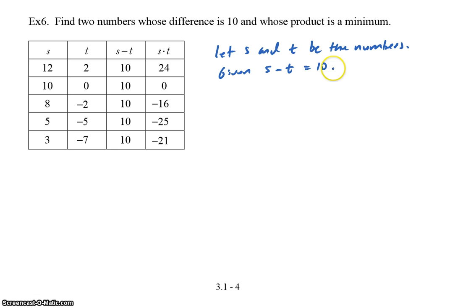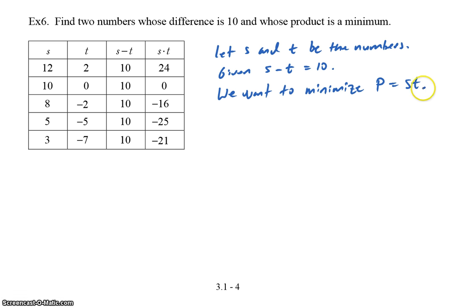What we want to do is minimize the product of S and T. I'll call that P. So that'd be S times T.